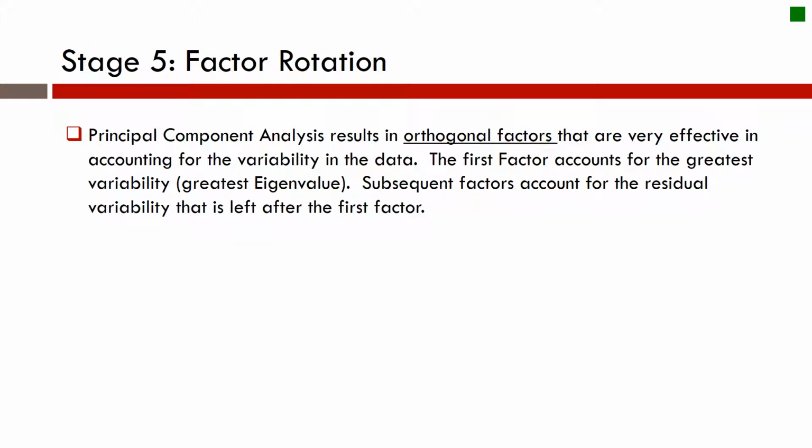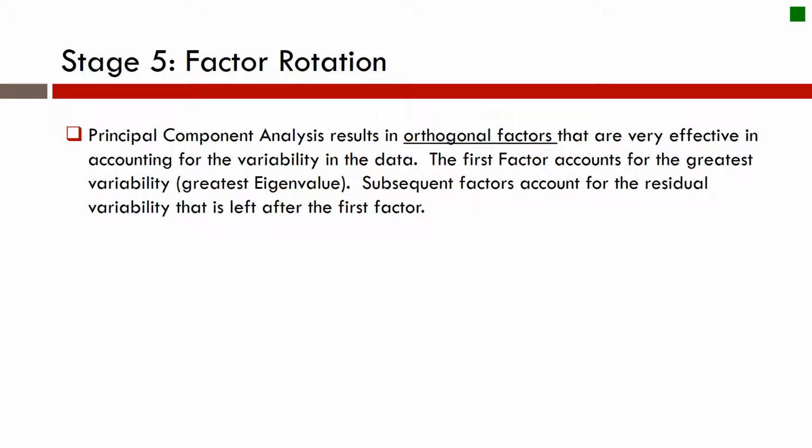Once the factor analysis is begun, the software will extract a solution, and the factors that are returned will be what we call orthogonal, meaning that the assumption will be that the factors do not share variance with each other.